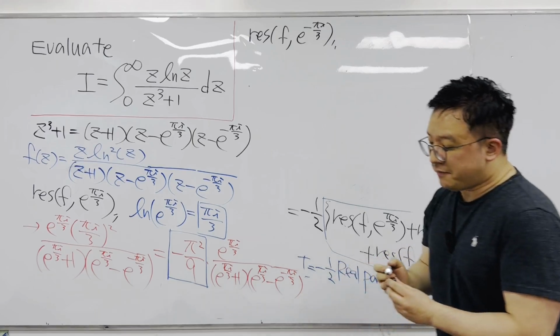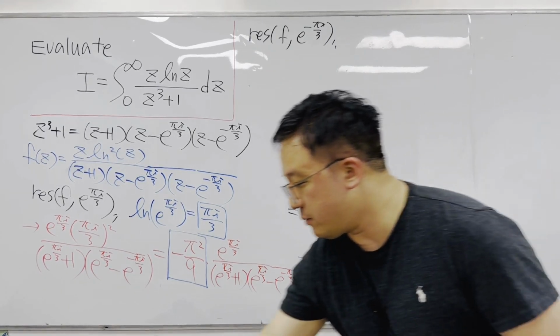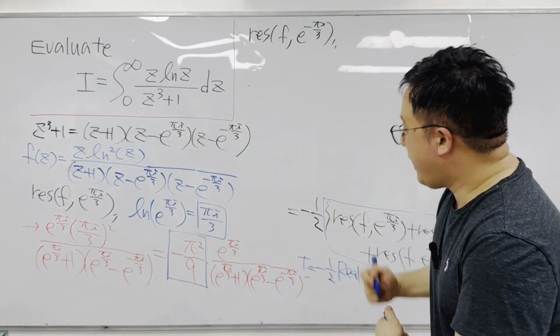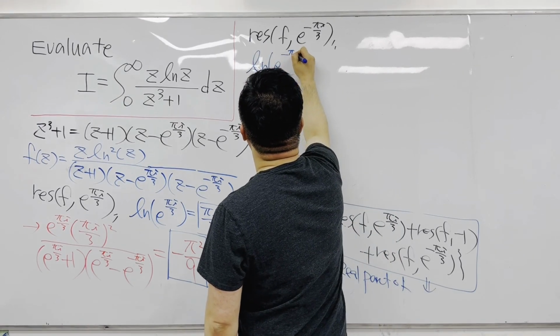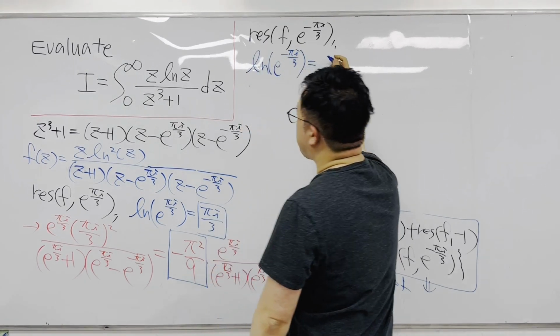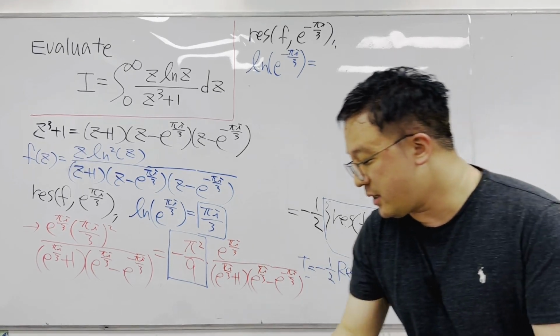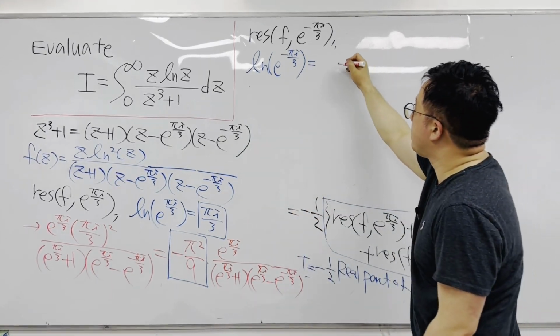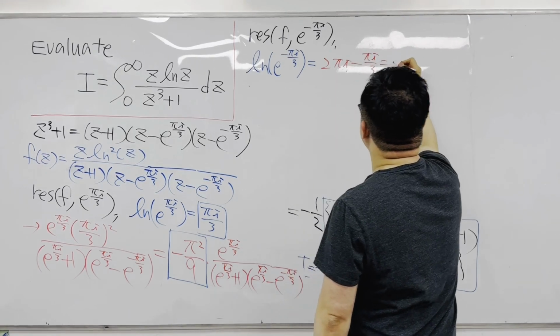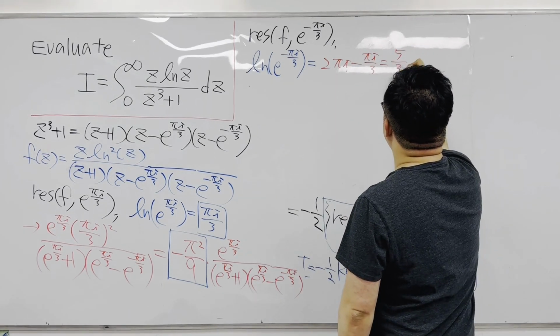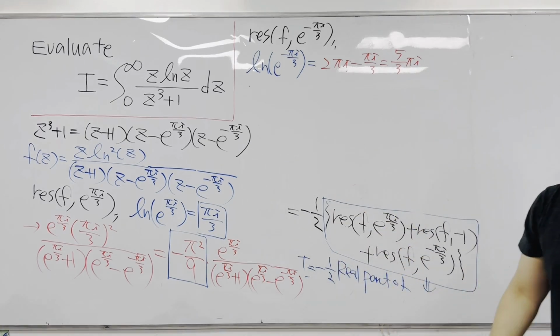Okay, so for this question, what we can notice is ln of e to the power of negative pi i over 3, right? For this one, we can represent this as 2 pi i minus pi i over 3. That's the same thing as 5 over 3 pi i, as we said at the beginning, right?